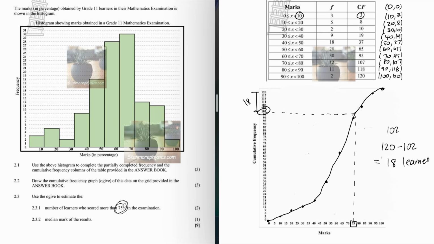Then question 2.3.2, the median mark. In order to calculate the median mark, we're looking for halfway through the 120 learners. Halfway is 60, so 60 is here. I bring this across, trying to draw this as accurately as I can, and you bring this down. So it's about 60.